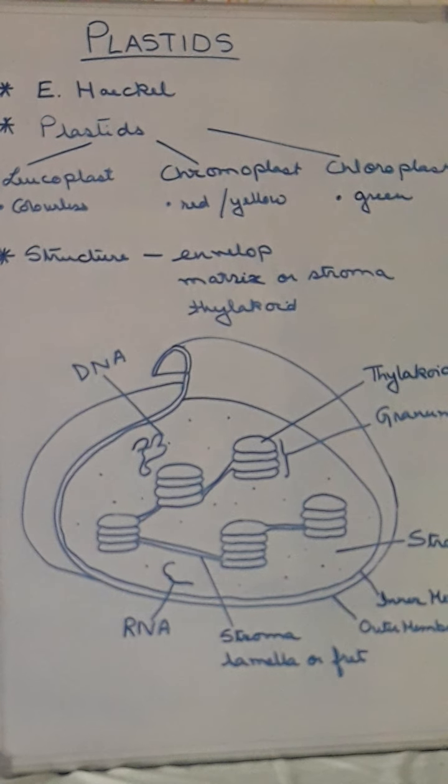Now, the plastid develops from a colorless precursor which is known as the proplastid. It divides and develops into the plastid. According to color, the plastids are of three types: the leucoplast, chromoplast, and the chloroplast. The leucoplast is the colorless plastid, the chromoplast is red or yellow in color, and the chloroplast is green in color.